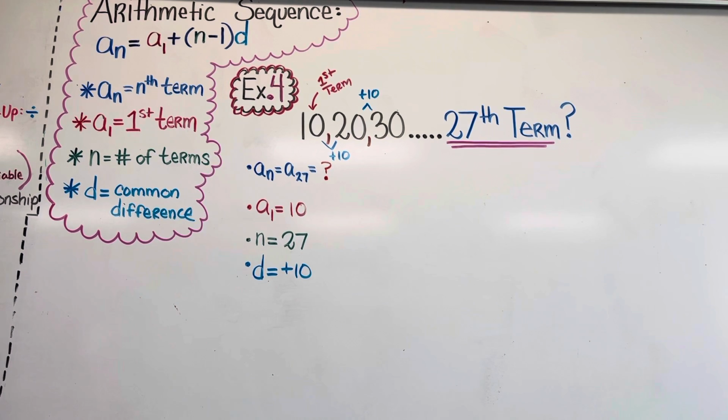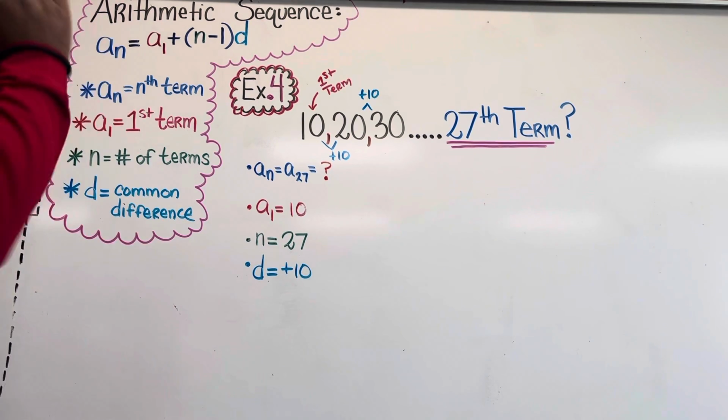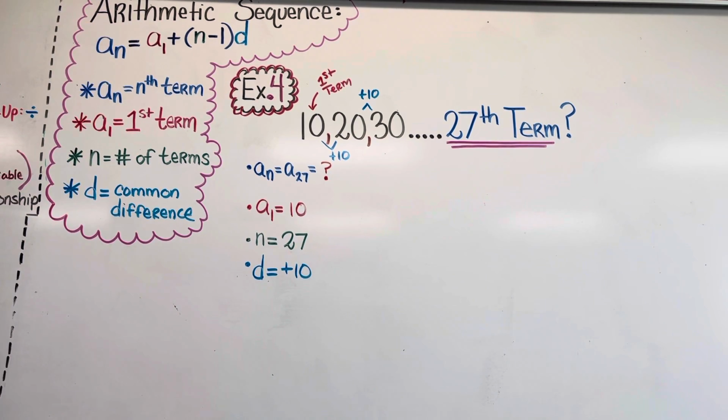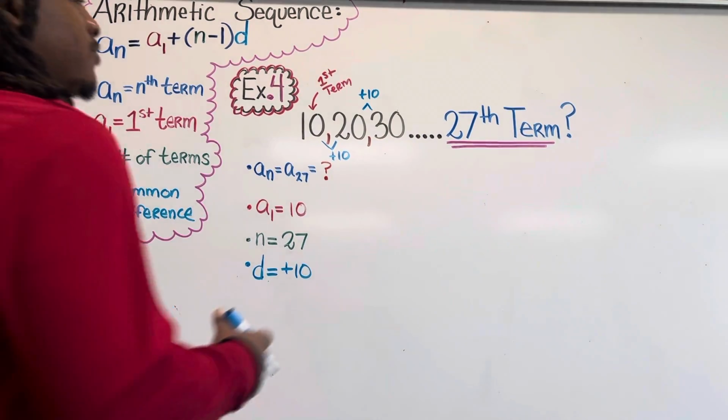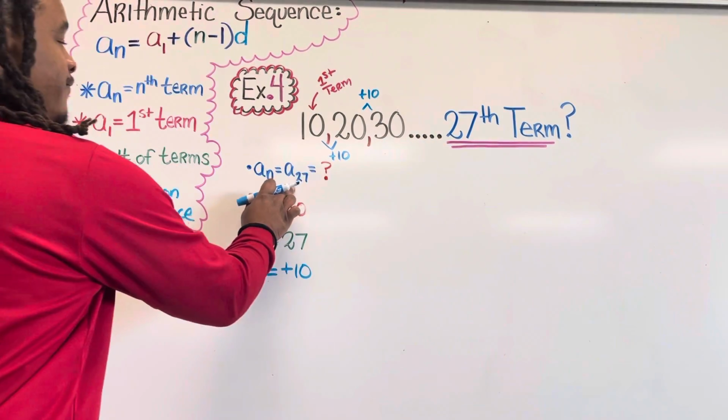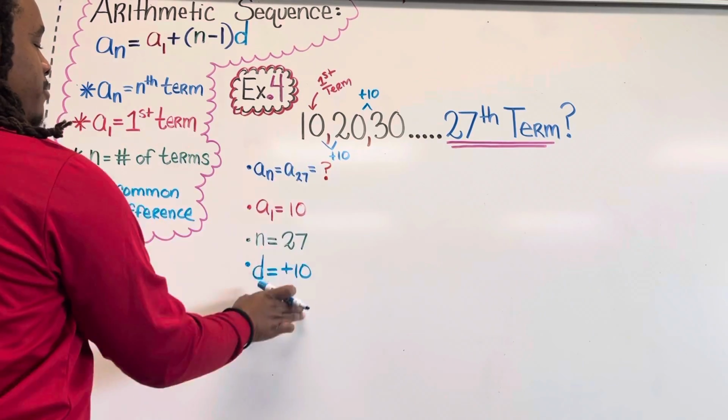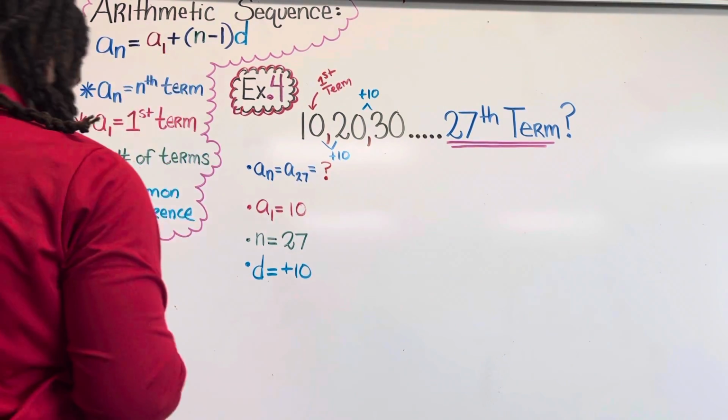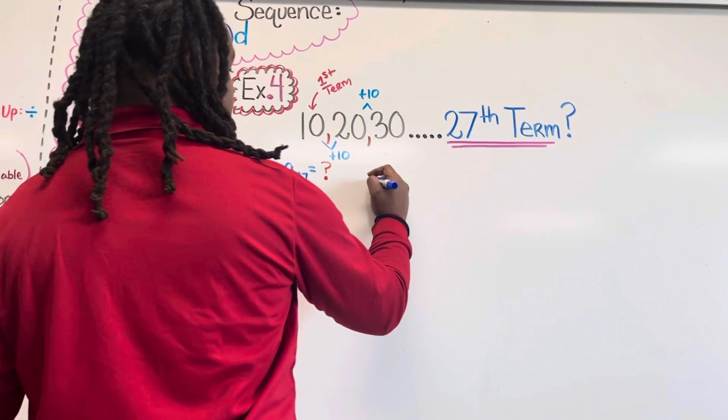So now we have all the values that we need in order for us to plug into the arithmetic sequence formula and find out the 27th term. So we're just going to plug all of these values into the formula. I'm going to rewrite the formula now.